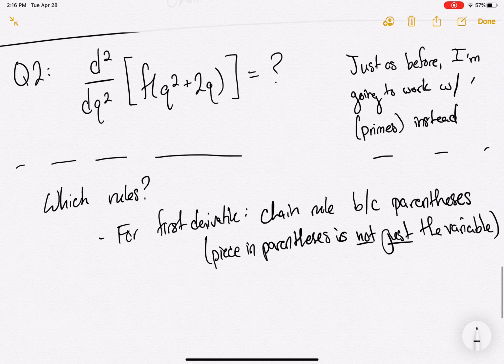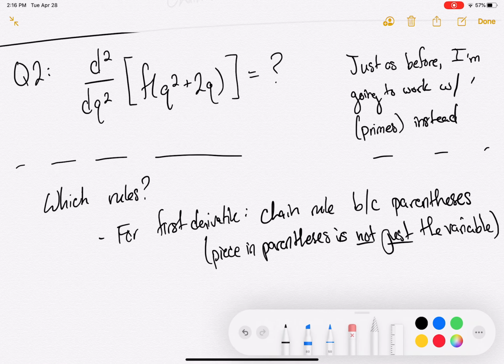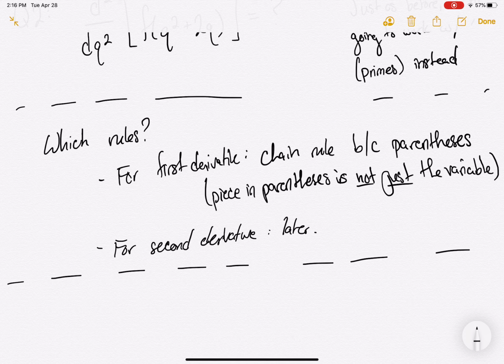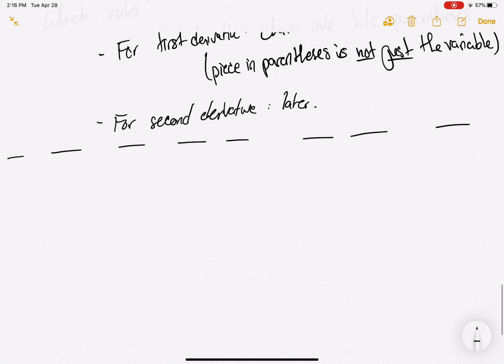The piece in the parentheses up here is q squared plus 2q. That's not just q sitting by itself. So as long as the piece in the parentheses is not the variable all by itself, you're going to use the chain rule. For the second derivative, we'll get there later. Okay, so let's just take the first derivative here.